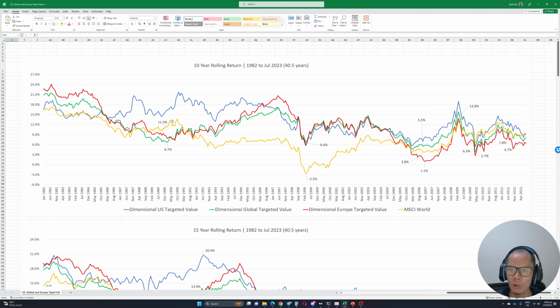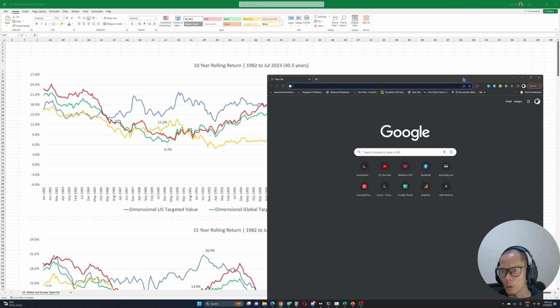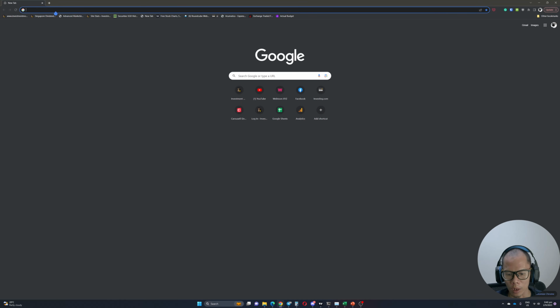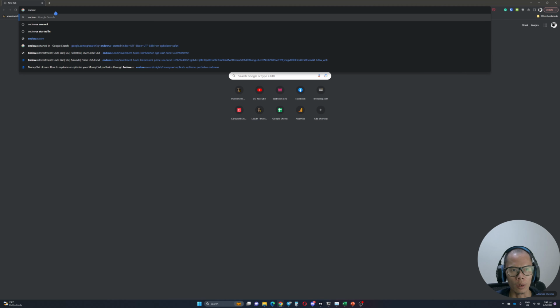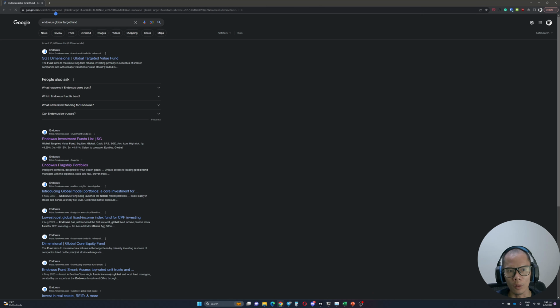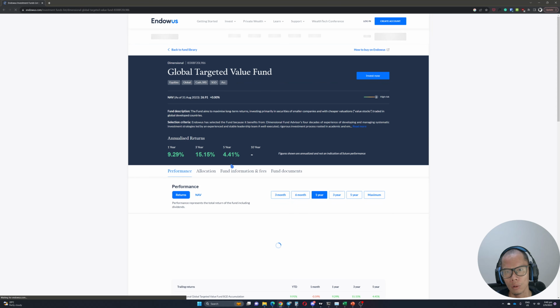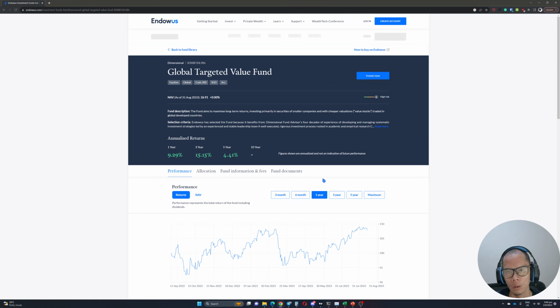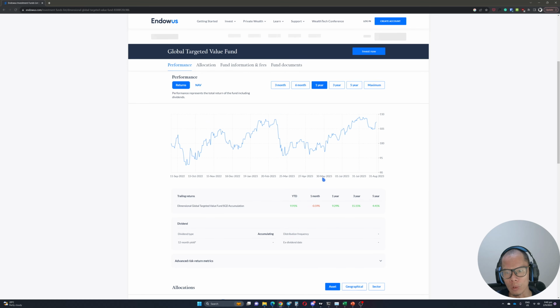I think Endowus should be one platform, but not sure whether Endowus has it. I think by right they should have it, but someone told me that it's not on FundSmart.